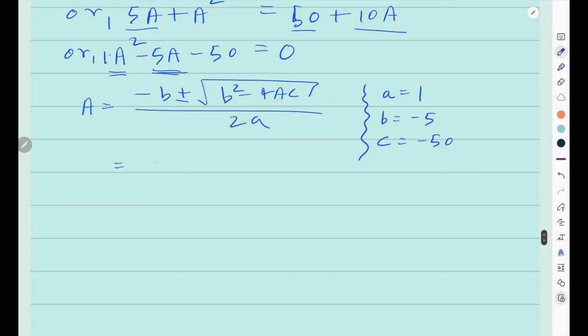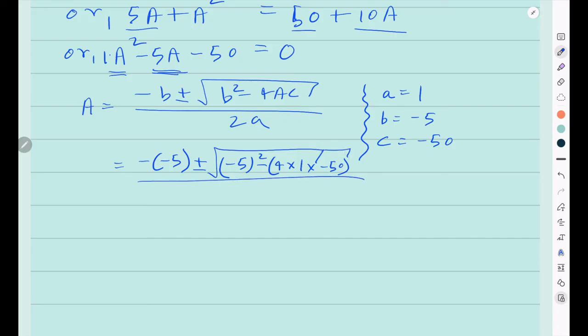Okay, so A is, let us put the value, minus B, that is 5, plus minus. Be very careful about not making a sign mistake, because it's very easy to make a sign mistake. Maybe I can also make a mistake now, but I will try to not do it.